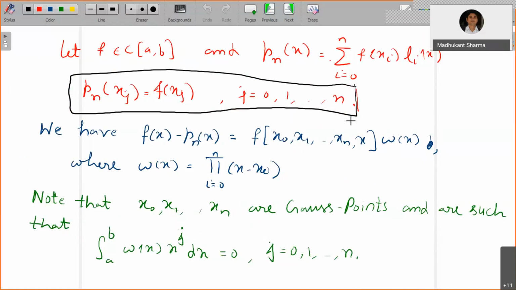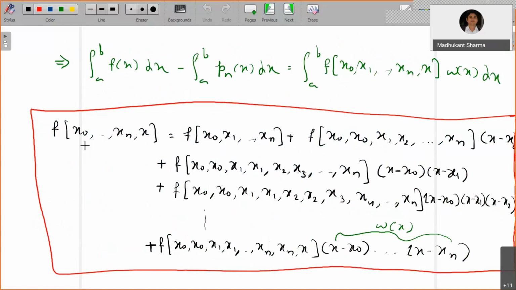You replace the divided difference by using the recurrence formula. There we repeated x0 twice, x1 twice, and so on, xn twice, and you will get w square, and the rest of the terms get cancelled because of this property. So we have the following error formula. What we are going to do is replace f of x0 to xn comma x by the recurrence relation.